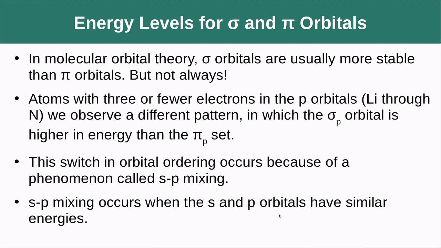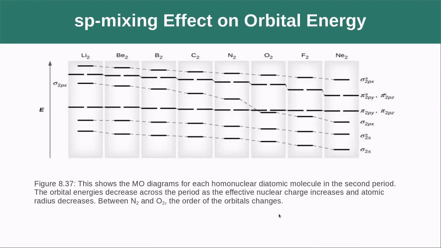It's not really important to understand sp mixing, but just to know that this sigma 2px orbital is going to be higher in energy than the pi 2py and 2pz orbitals in cases where we have lithium, beryllium, boron, carbon, and nitrogen.